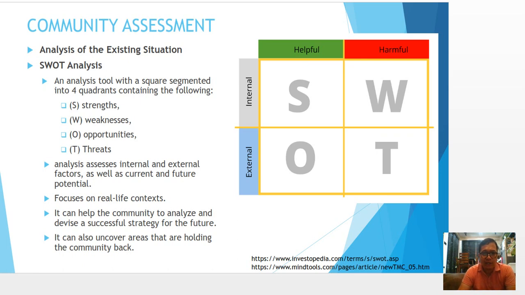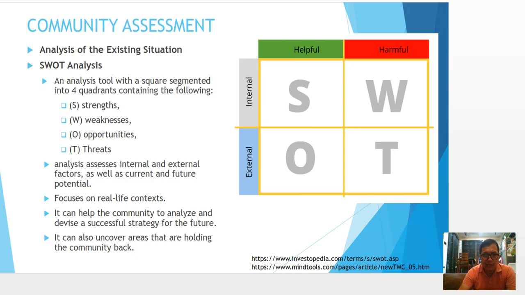This is a SWOT analysis table. You have to analyze the existing situation in a community. So you have the strengths, the weaknesses, the opportunities and threats. For example, you have to look into the internal strengths of the community.